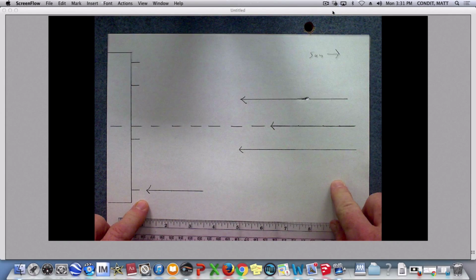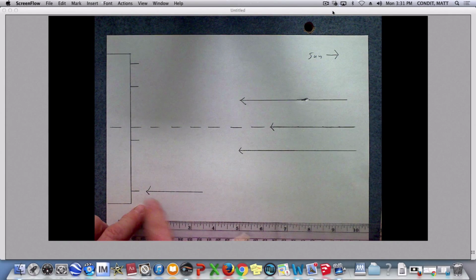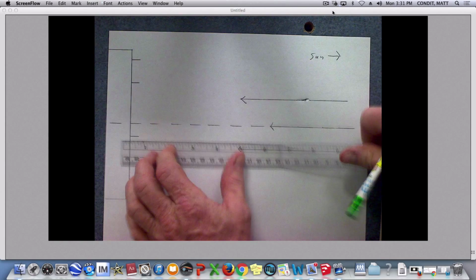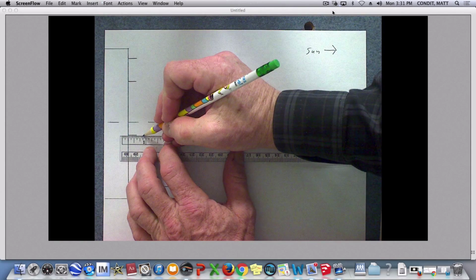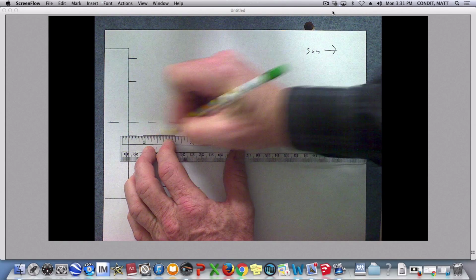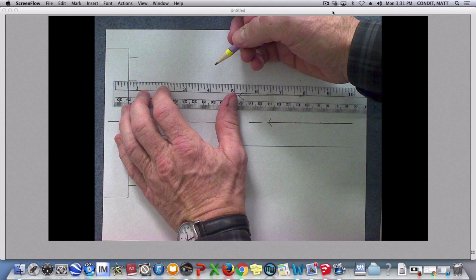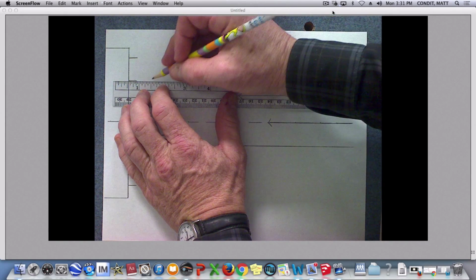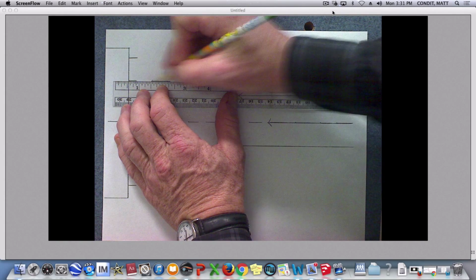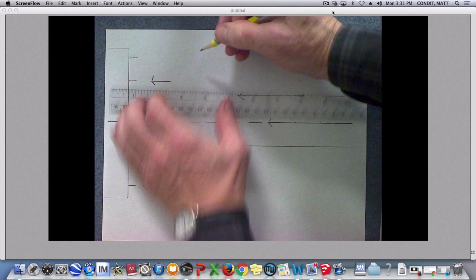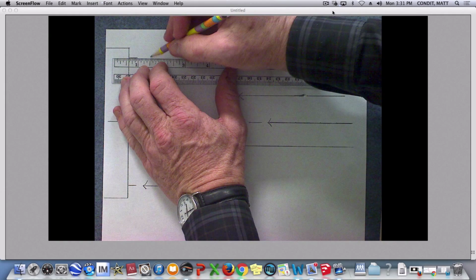Remember when we held the light right above the toothpick? It didn't make a shadow, and that gnomon's not going to make a shadow if the light's hitting it head on. And light is going to do that to every one of these. It's going to hit every gnomon here absolutely head on. And every gnomon here is going to read the exact same altitude, which is going to be 90 degrees.